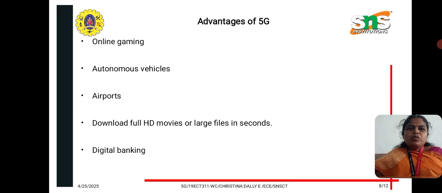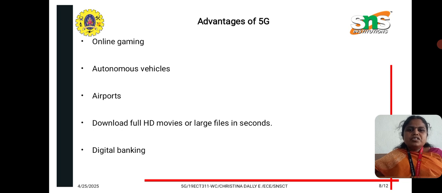Now the advantages of fifth generation, when compared to 4G. Online gaming can be easily accessed. With autonomous vehicles, if we want to travel within the proper duration, we can use GPS, and the network speed will be very fast.